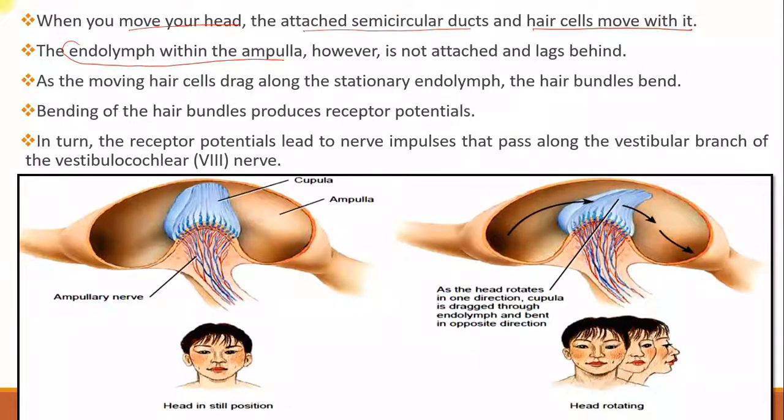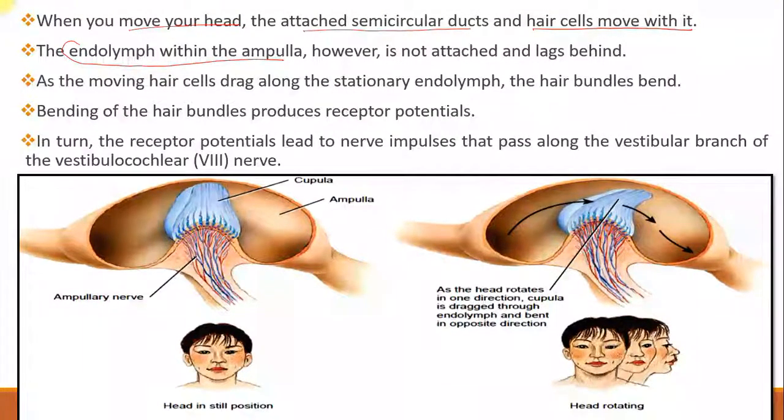As we move our head in any direction, the endolymph lags behind and causes a movement of the cupula. As the cupula moves in a certain direction, it causes bending of the hair cells on which it rests.